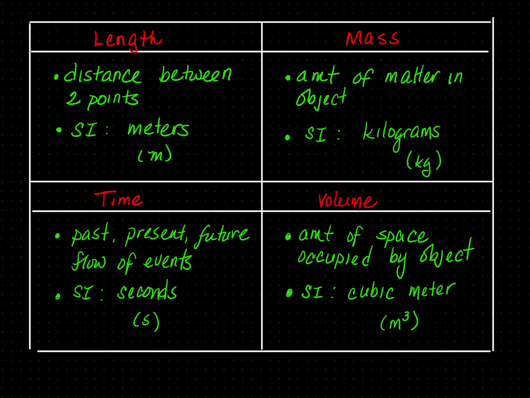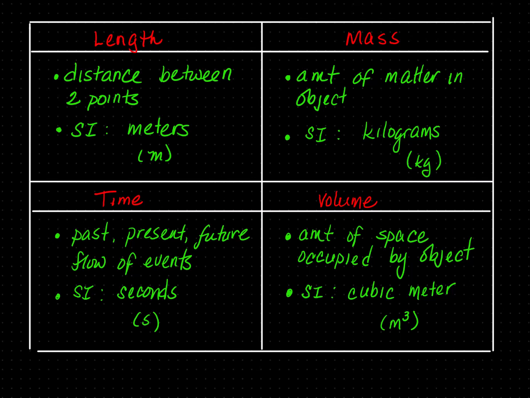For the first unit, we need to understand and recognize these four basic measurements. A length is a distance between 2 points. The SI unit is meters, abbreviated small m. That meter is a fundamental unit.